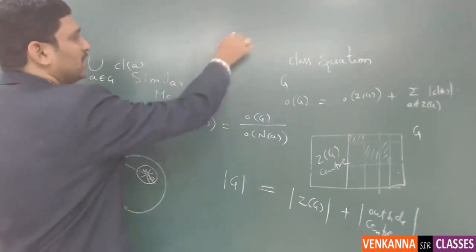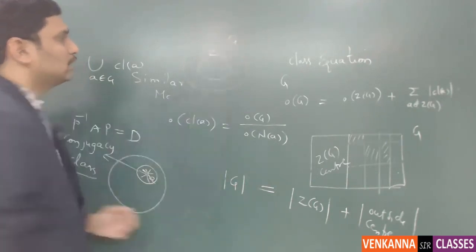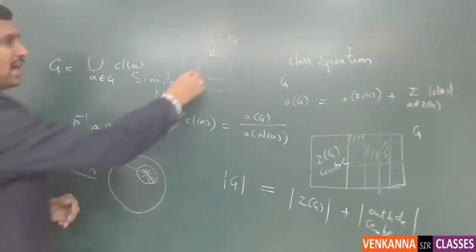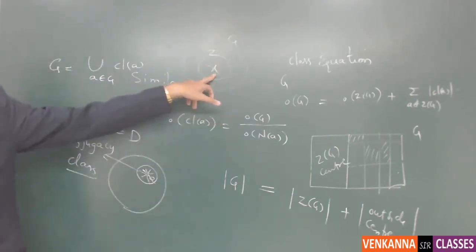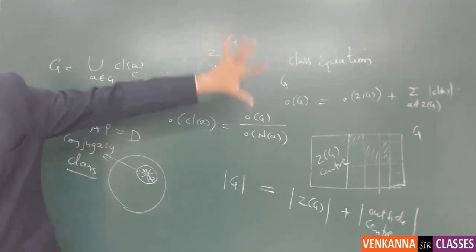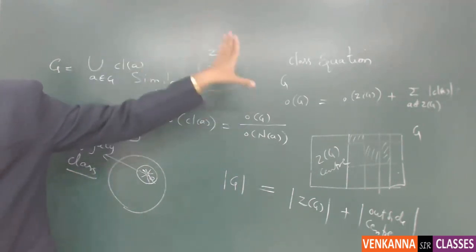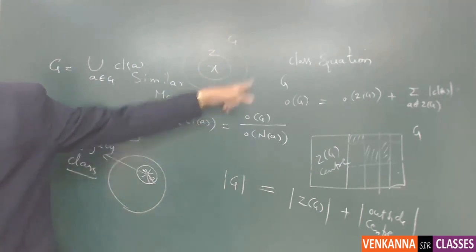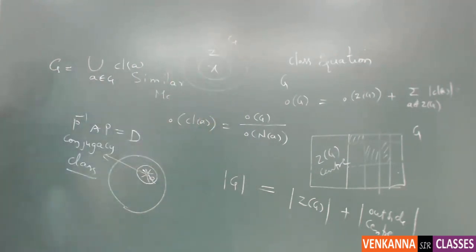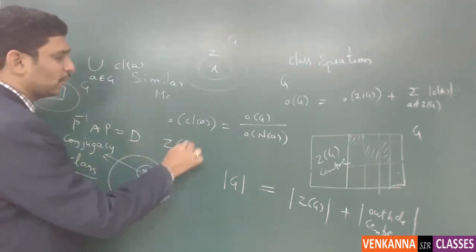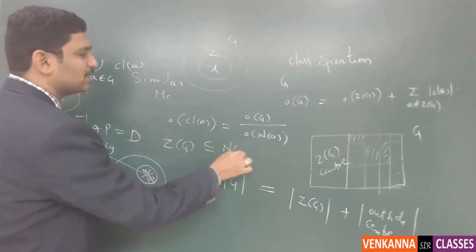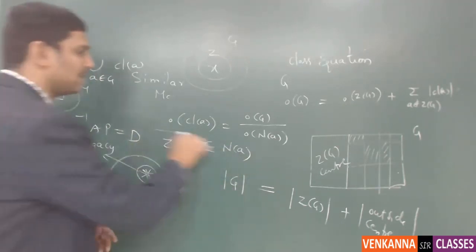In the whole group G, you take a part, we call it the center because whatever element you take, this element satisfies the commutative property with the entire group. And what is the normalizer? If you take the group, you fix an element, you are collecting those elements in G which satisfy the commutative property only with A. So the center of the group is always a subset of the normalizer. This is by default.